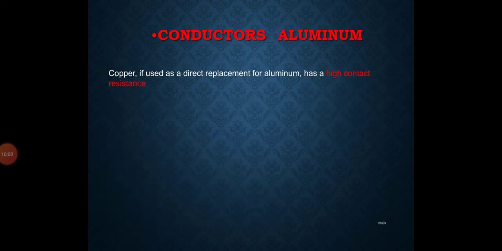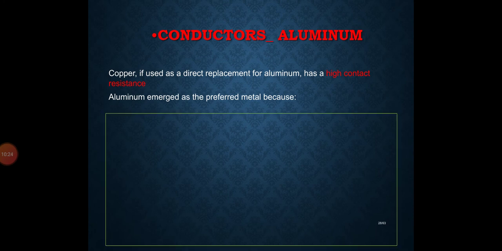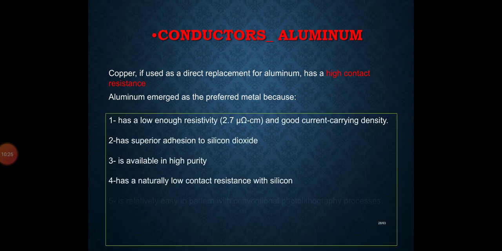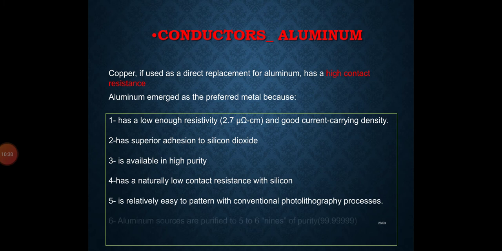Copper, if used as a direct replacement for aluminum, has a high contact resistance. Aluminum emerged as the preferred metal because it has low enough resistivity, 2.7 micro ohm centimeter as I discussed previously, compared to copper, and good current carrying density.